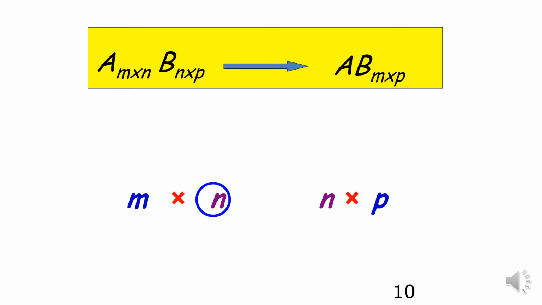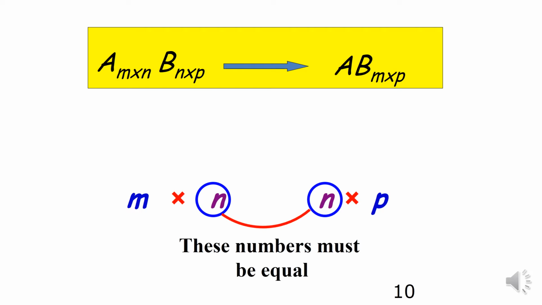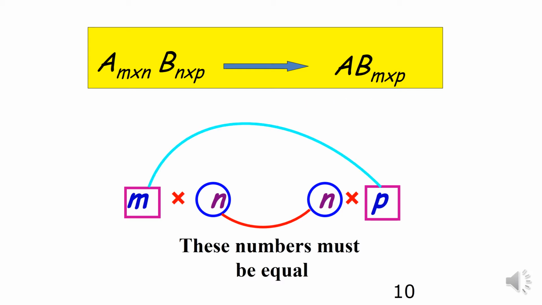We can see here that the first matrix has order m times n and the second matrix has order n times p, so we have the same number n here. These numbers must be equal. So the product must have the order m times p.